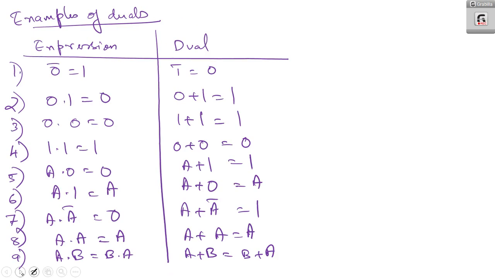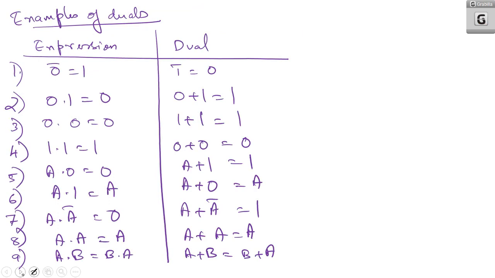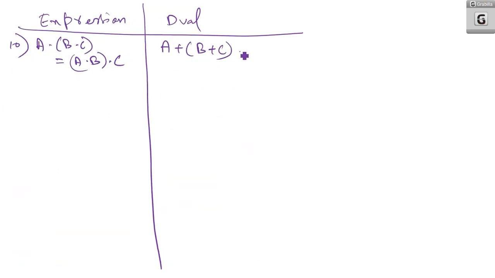So here now 10th one, if it is a dot b dot c, can be written as a dot b dot c, then the corresponding dual can be written as a or b or c. A or b or c can be written as a or b or c. That means here dot becomes or. That means and becomes or.